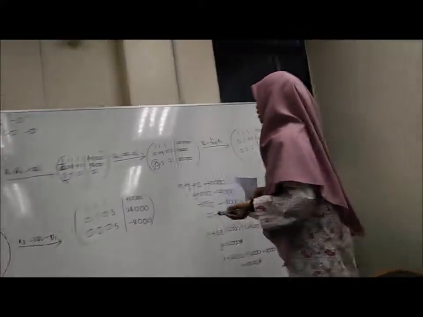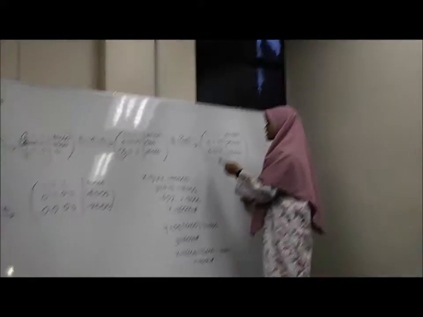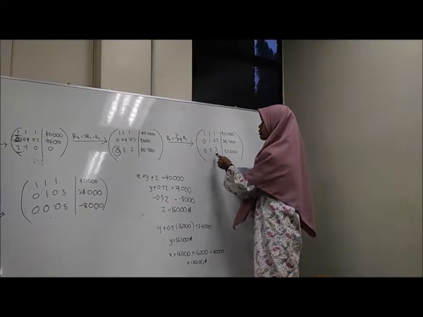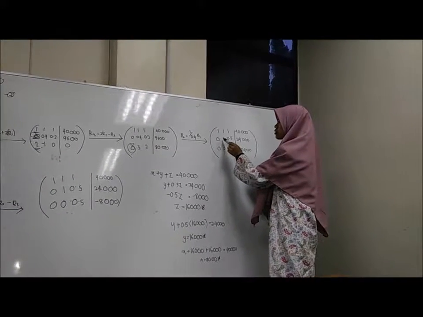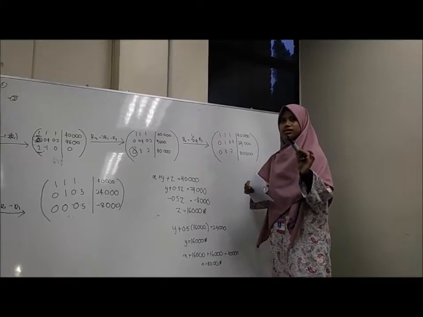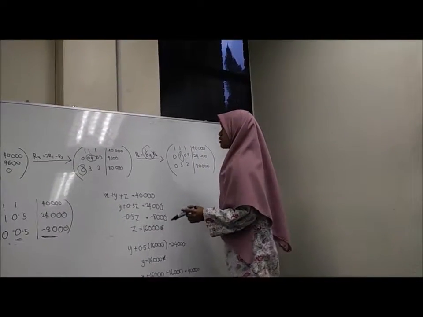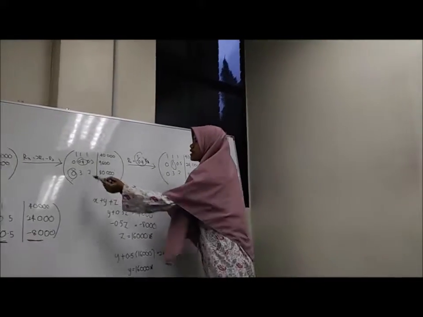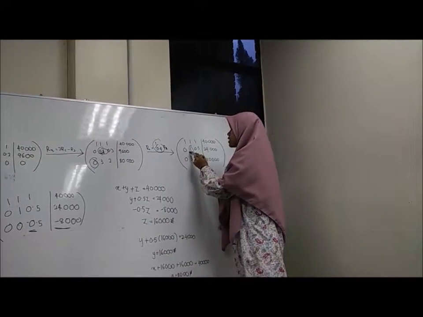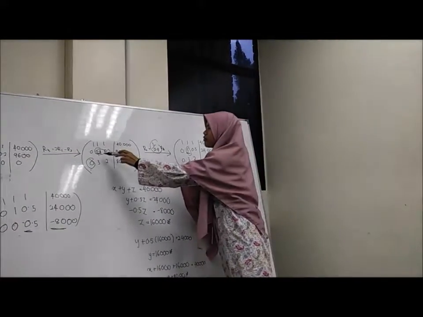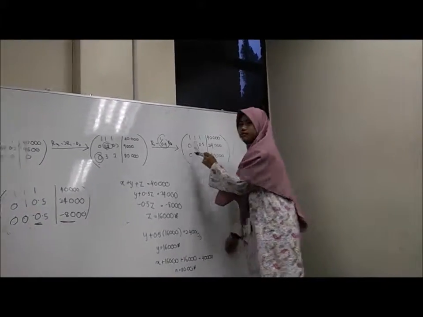This is step number 4, where we want to make row 2 have a 1 in this row and column. So we need to multiply by 1 over 0.4, so we get 1.